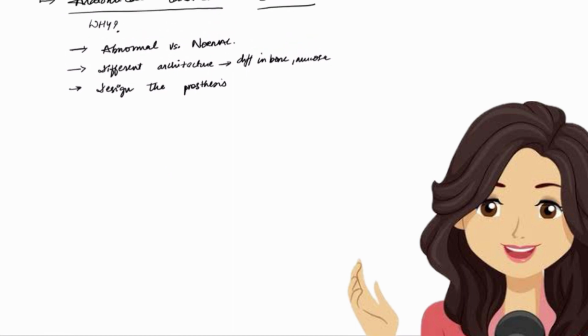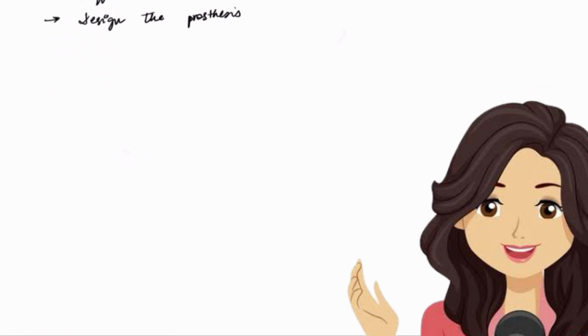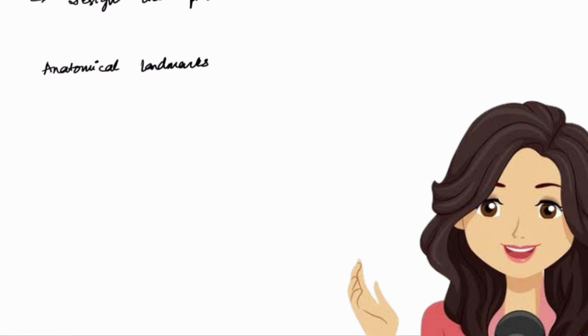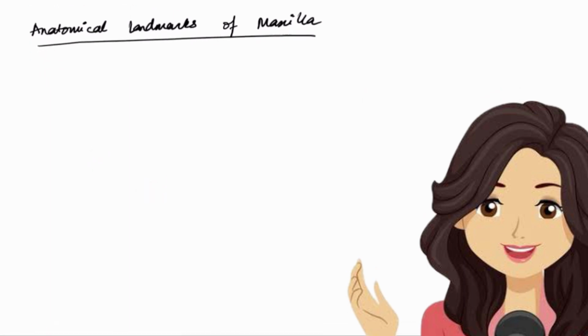Now, I will first start with anatomical landmarks of maxilla. Anatomical landmarks in maxilla or in mandible are broadly divided into 3 main parts: you have your supporting structures, your relieving structures, and your limiting structures. Why do we study anatomical landmarks?